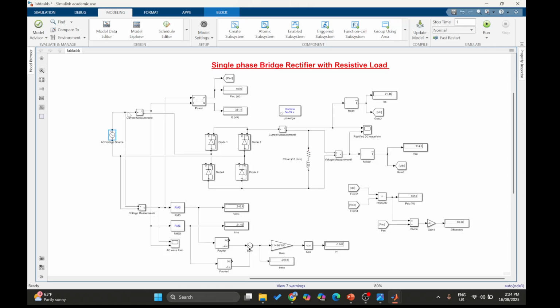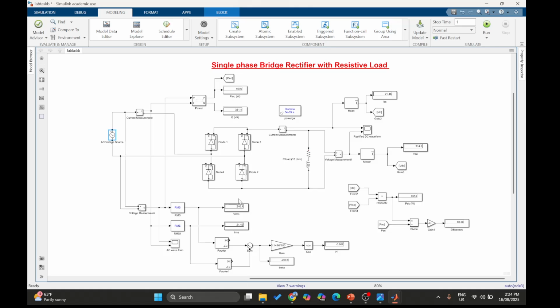I have a current measurement block that will measure the current, and it is connected in series. And I have an H bridge of diodes. 4 diodes are used: diode 1, diode 2, diode 3, and diode 4. And these diodes are connected to the load.